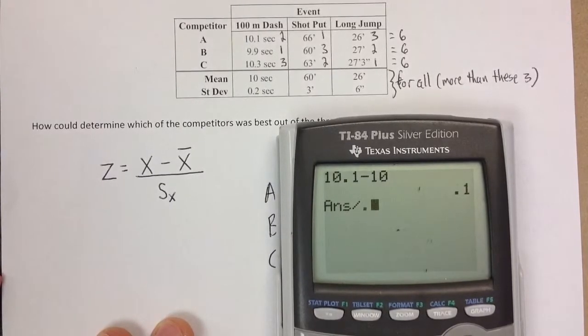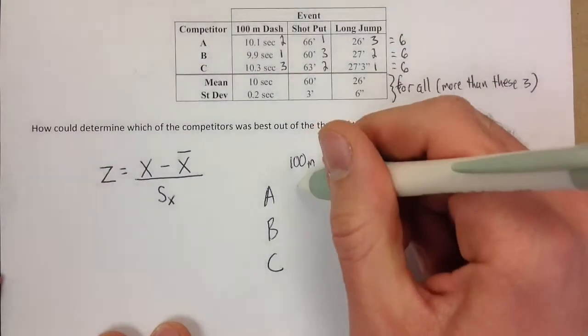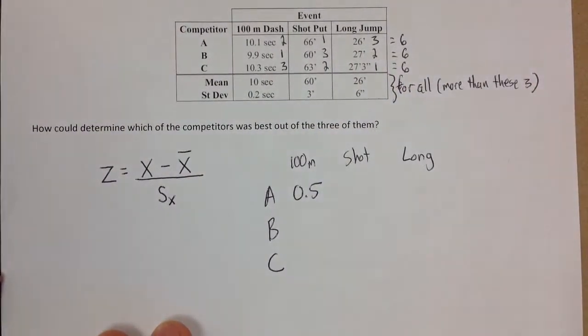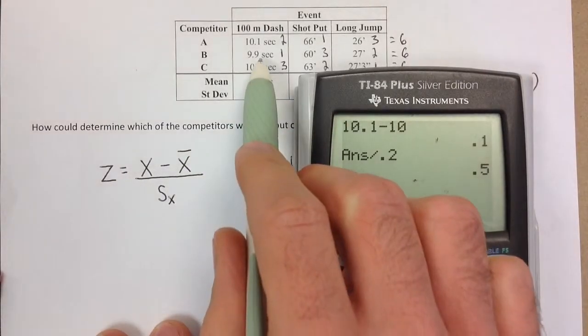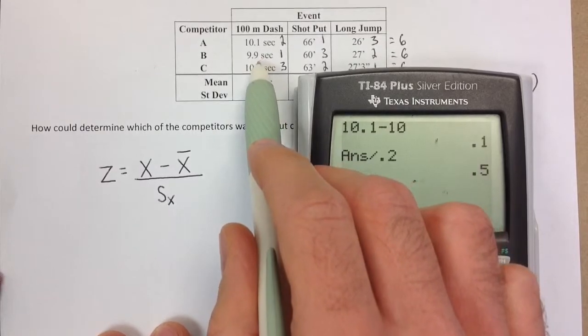Let's standardize it by dividing by the standard deviation. Okay. So competitor A was half a standard deviation above the mean. Competitor B is going to be half a standard deviation below the mean.